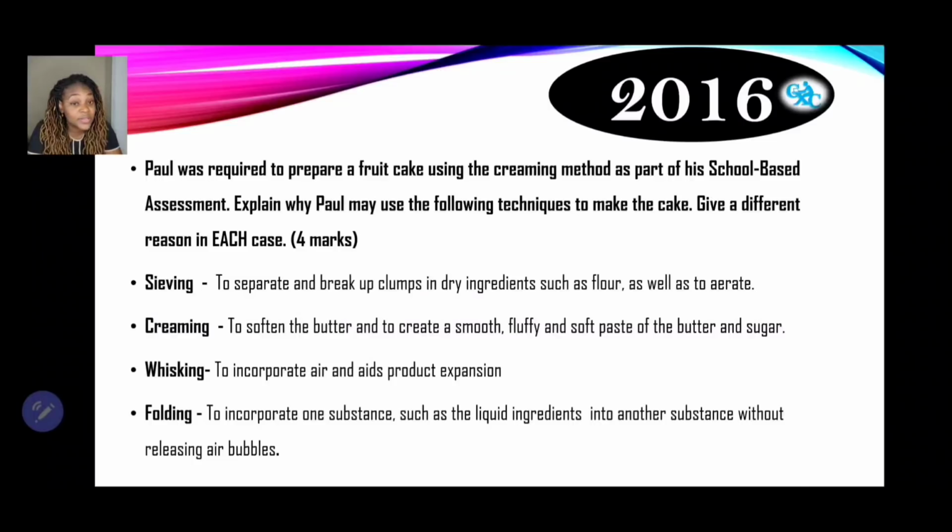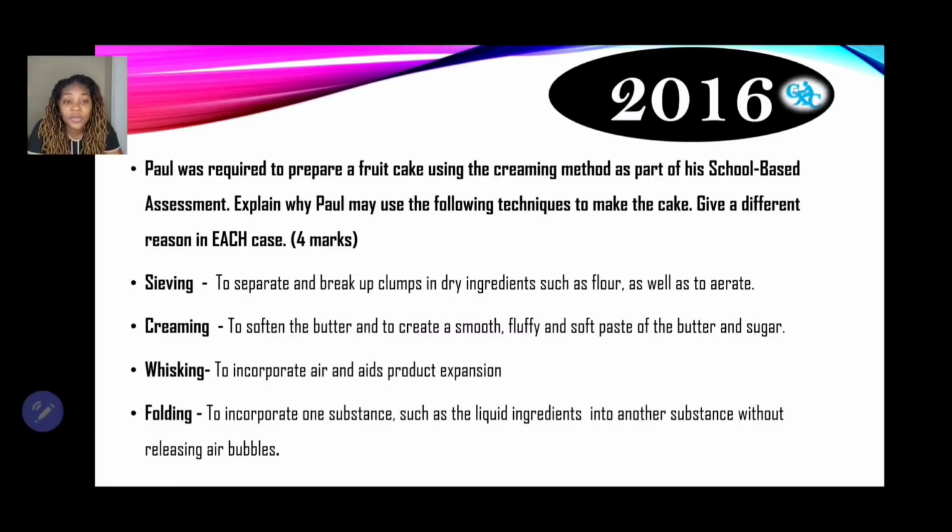Good. And also in the creaming process, some amount of air is also introduced into our product, but remember that we should give different reasons for each technique. So we could not use aerate again for creaming.